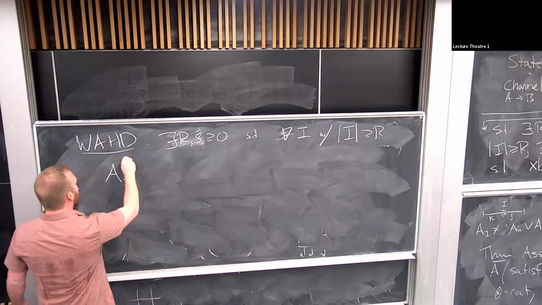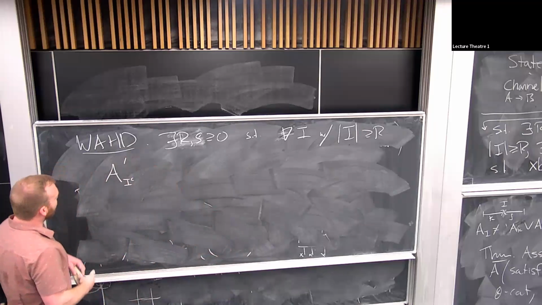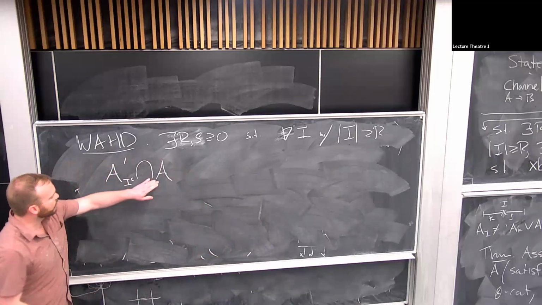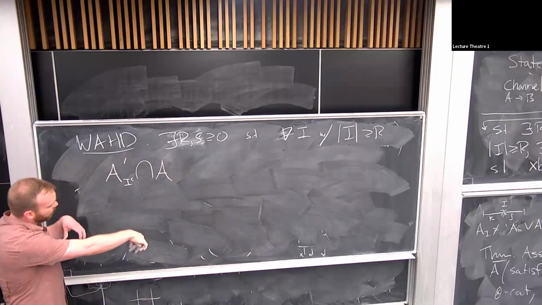I take all the stuff that commutes with the complement algebra. So I look at all the operators in A that commute with the stuff in the complement of I.